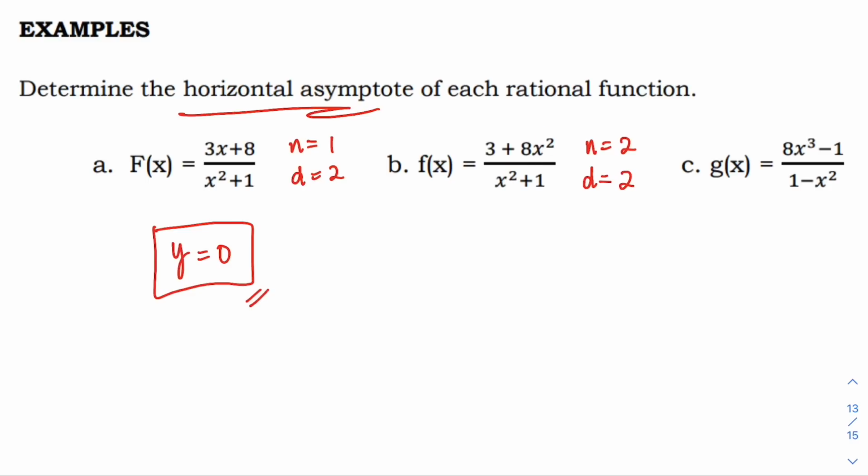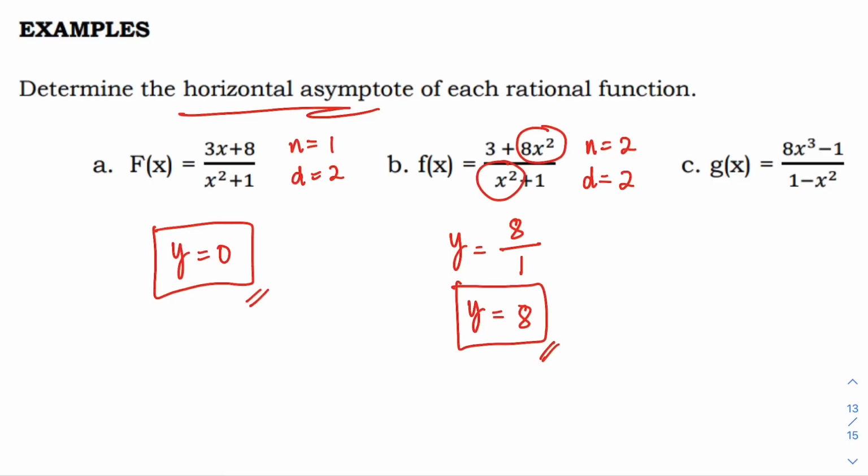So, ibig sabihin, makukuha natin guys yung ating horizontal asymptote is yun yung ratio nung kanilang leading coefficient. Okay? So, ano ba yung leading coefficient ng ating numerator? So, dito ang leading coefficient is positive 8. Sa denominator naman, ang leading coefficient is yung positive 1. Tama? So, ang horizontal asymptote natin is y equals 8. Nakuha guys? So, by the way, ang leading coefficient is yung coefficient nung ating variable na merong highest exponent.